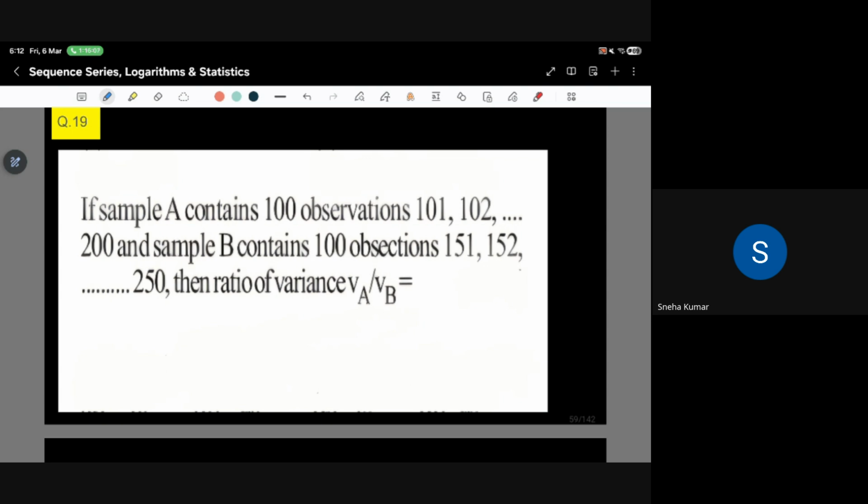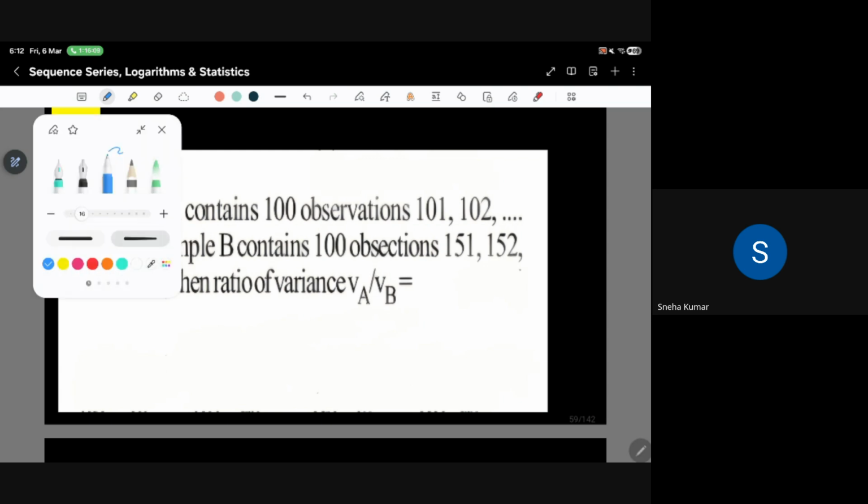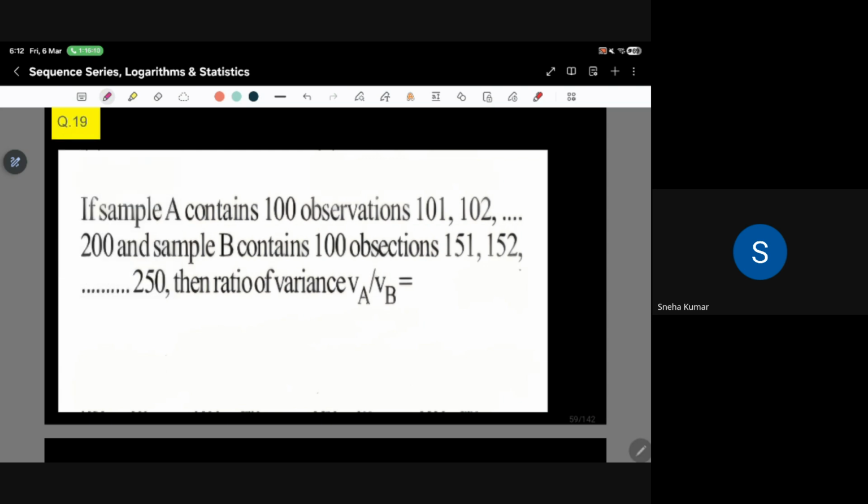So this is based on the property of variance, that suppose you have observations x1, x2 till xn, whose variance is this. If I increase each observation by some constant, this will be the new set of observations, but the variance remains the same.